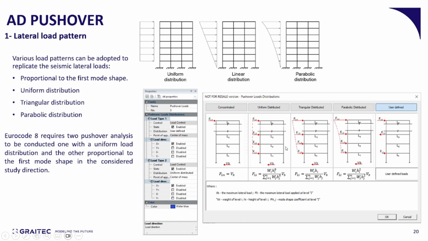In order to define these three options, the uniform, the triangular, and the parabolic, because they are affected by the height of the floor, the floors we have on this structure need to be defined in order to be able to get those distributions.